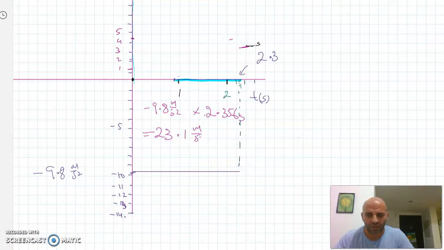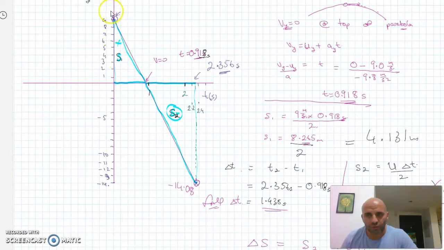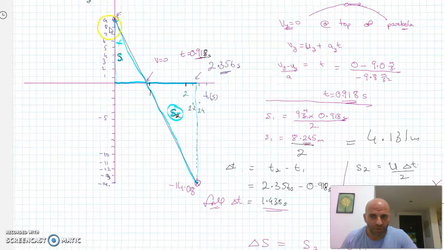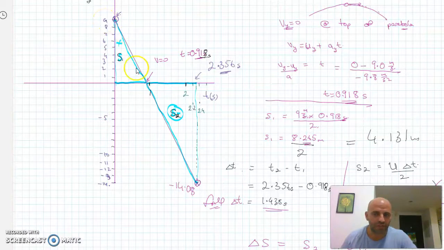If we have a quick look back on our velocity time graph for the y direction, we started at 9 meters per second, and we wound up with a velocity of negative 14.08 meters per second. You need to find the difference between those two numbers.